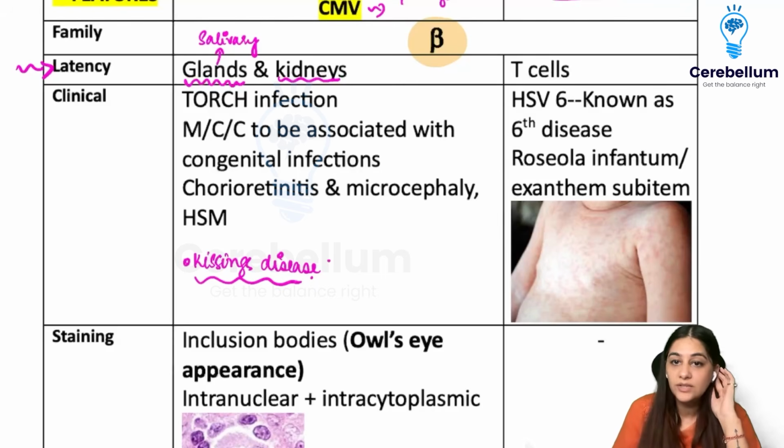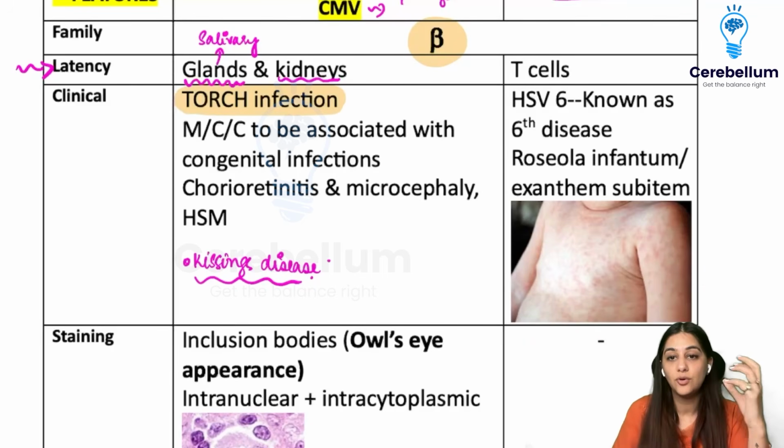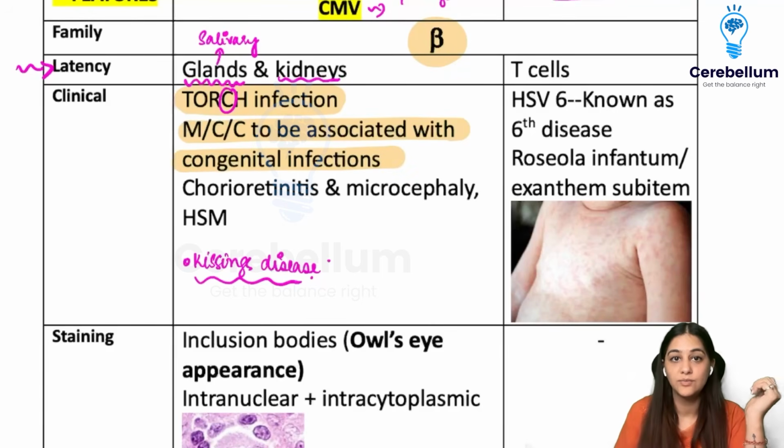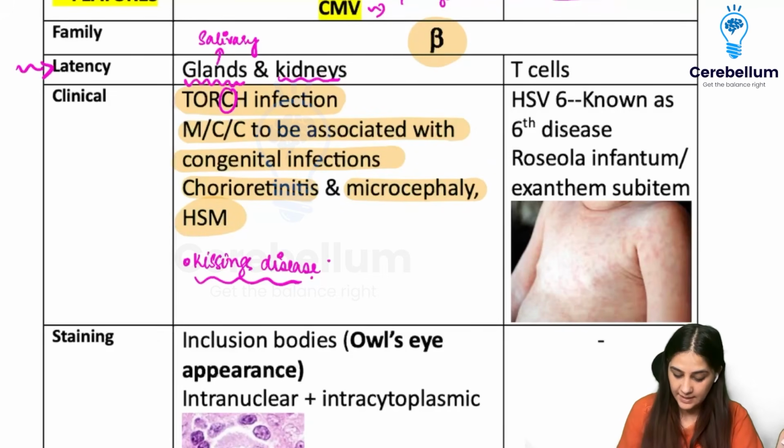Now, coming to the clinical manifestations, the most important manifestation is going to be your TORCH infection, right? TORCH is the group of congenital infections in which your C is for your CMV. And it is one of the most common causes associated with congenital infections, causing chorioretinitis, microcephaly, and hepatosplenomegaly.